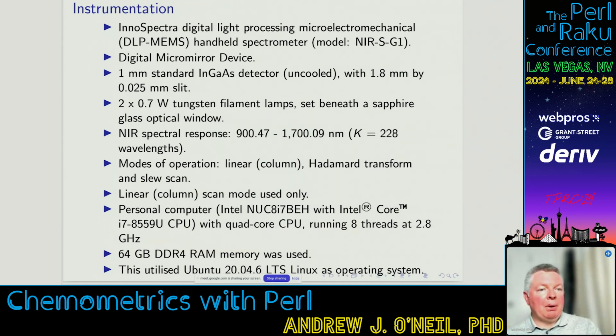I've had my spectrometer hooked up to my desktop PC, which is an Intel NUC 8th gen, I think, quad-core CPU with 8 threads running at 2.8 gigahertz. It's more than capable of running the device. It doesn't need a particularly powerful PC for that. And I use Ubuntu Linux 20.04 as well.